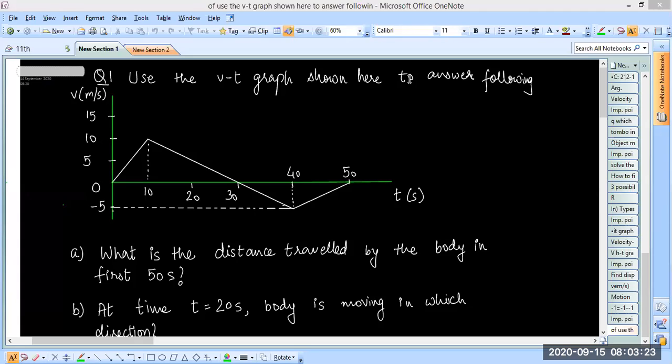So, yesterday we discussed a little bit about how to find the displacement and path length from the area between the VT graph and the x-axis, right? So today you were given this homework. I hope all of you have finished it, right?